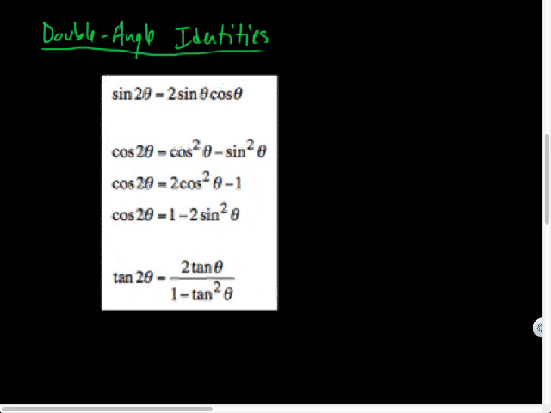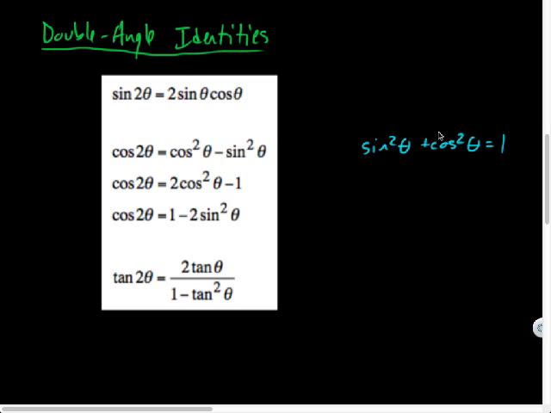Now, we've just proven this first one, that sine 2 theta is equal to that. We've proven this one. How do you think I could go from this one to this? All right.